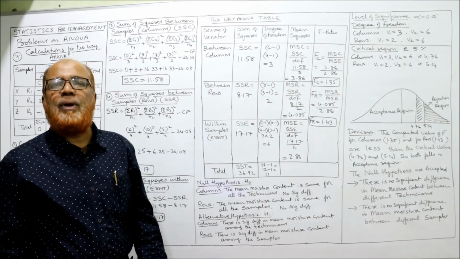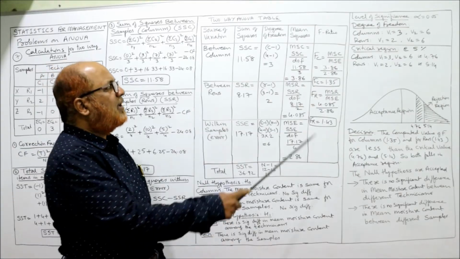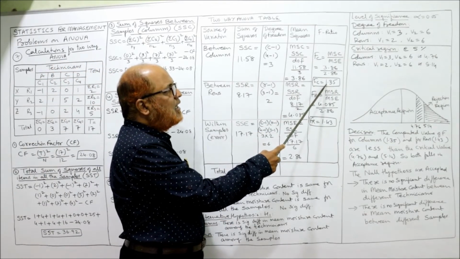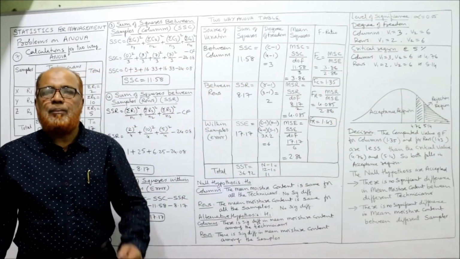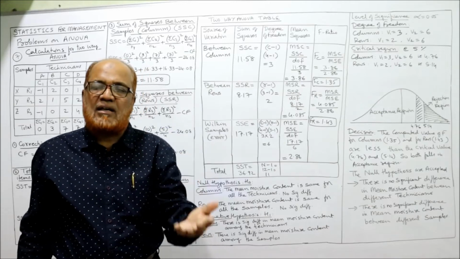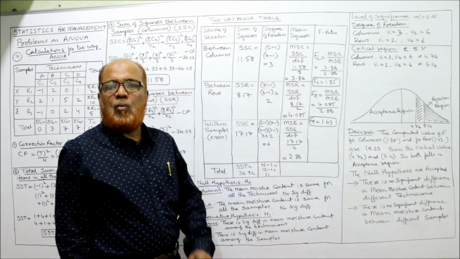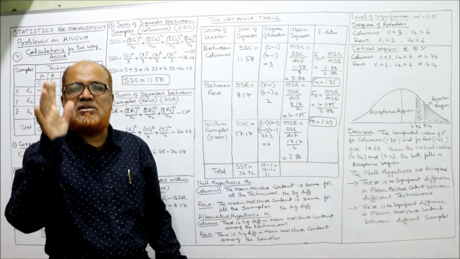Now we want to compare the computed value with the critical value. What is the computed value for columns? 1.35. What is the critical value for columns? 4.76. That means below 4.76 is the acceptance region, and our 1.35 is less than 4.76, so it falls in the acceptance region.